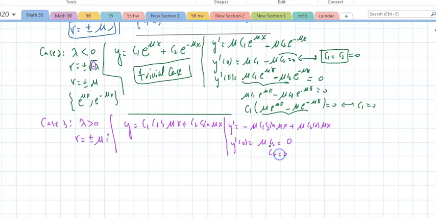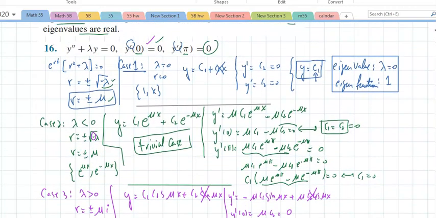That means c sub 2 equals 0. This term is gone. And if I take y prime of pi, that would be negative mu c sub 1 the sine of mu pi, and that equals 0 as well.